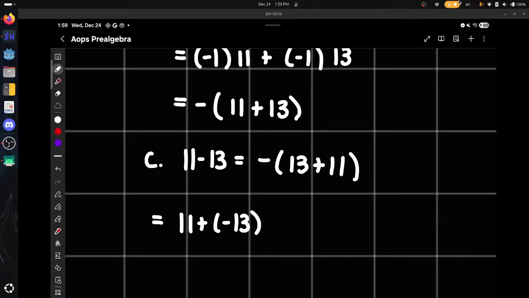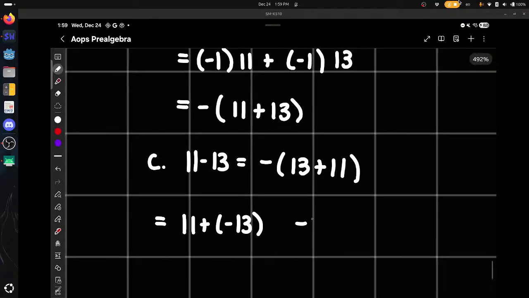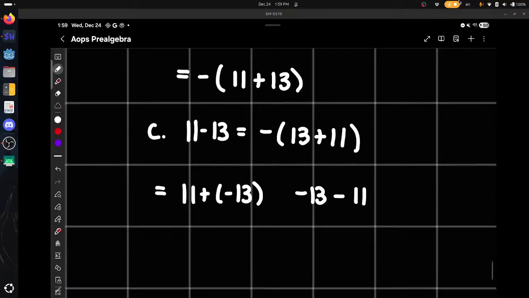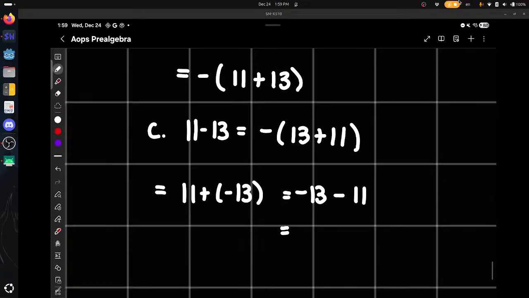So that's really weird. So let's try this one. So we know that's 13 minus 11. 13 plus 11.